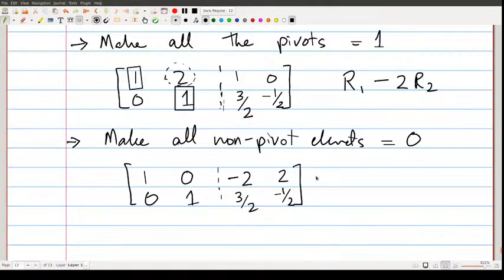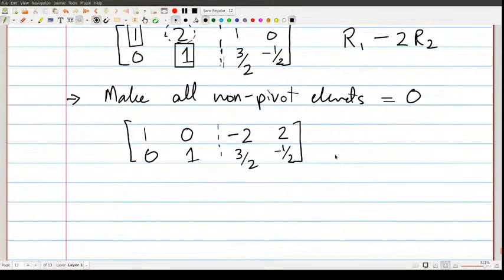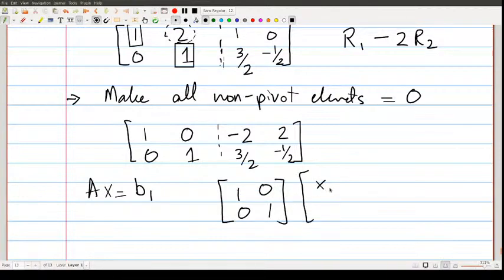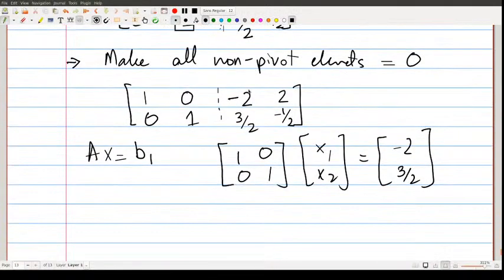At this point you see that you've actually solved the system. Let's look at the first system we were solving, Ax equals b1. Writing the system down: the matrix 1, 0, 0, 1 times x1, x2 equals minus 2, 3 upon 2. I'm taking the first column and writing the system down, which I have now simplified.